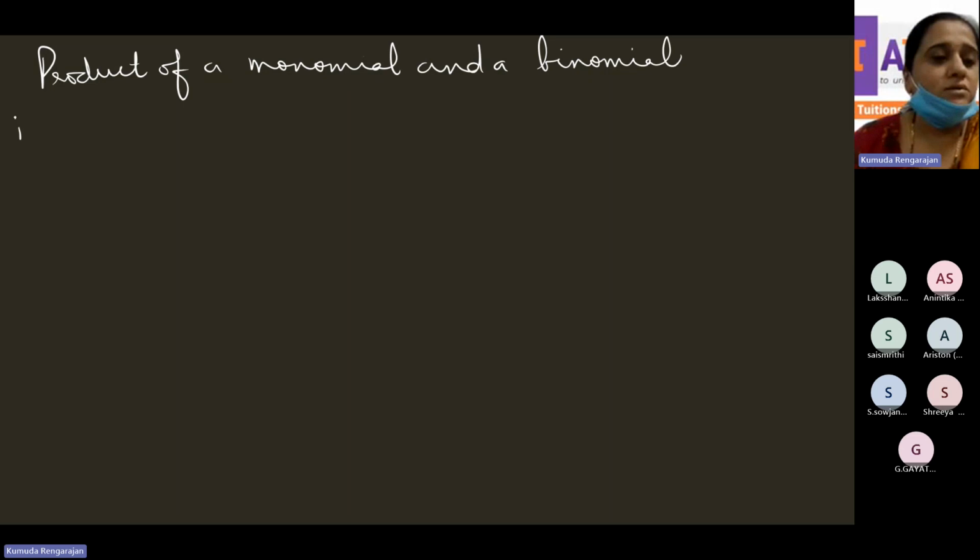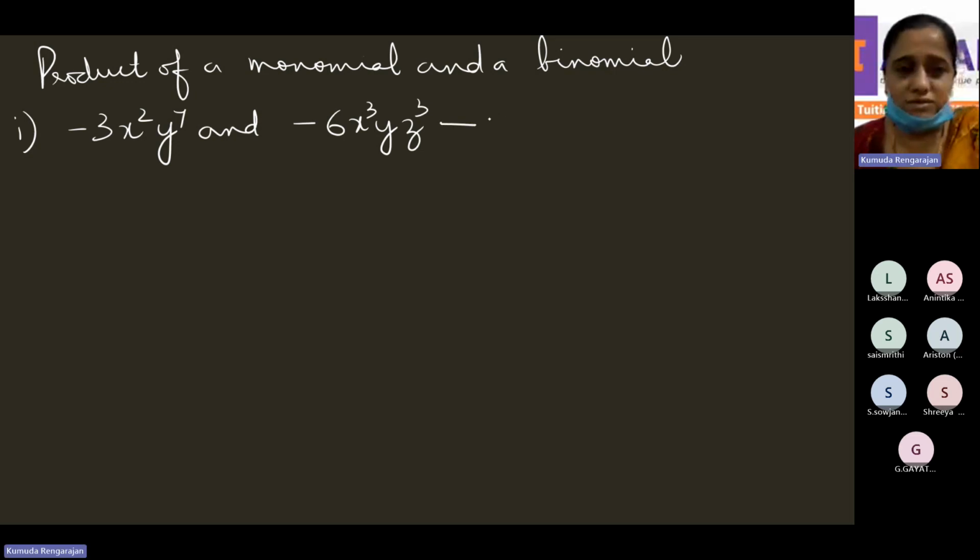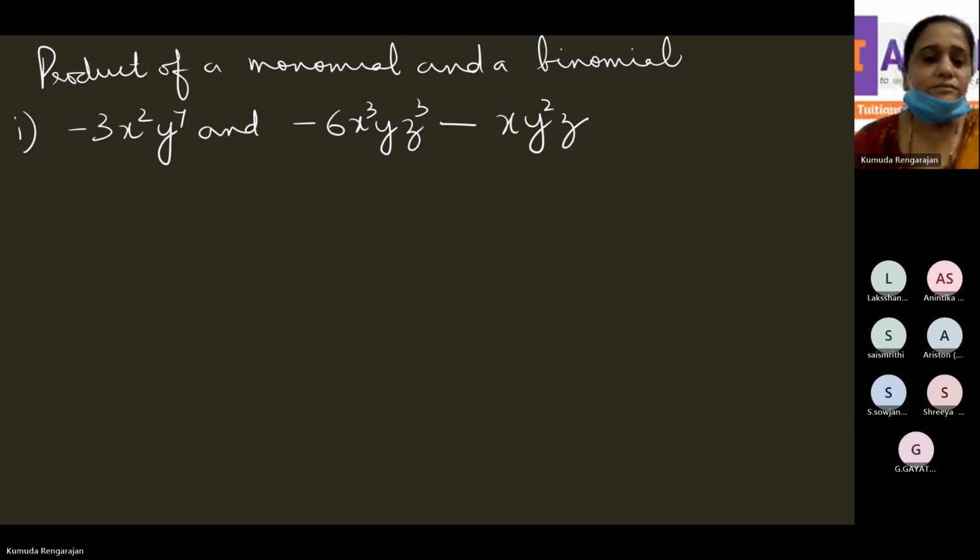So if the question is multiply minus 3x squared y to the power 7 and minus 6x cubed y z cubed minus, okay, something like this.